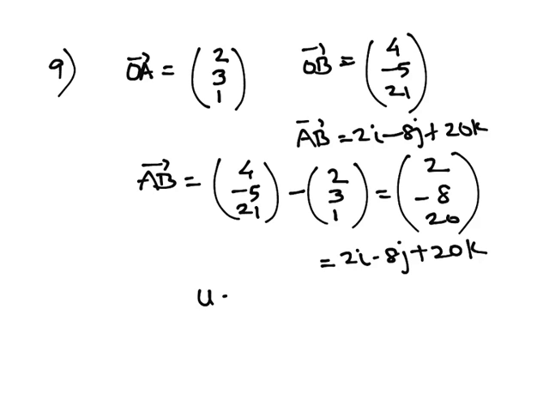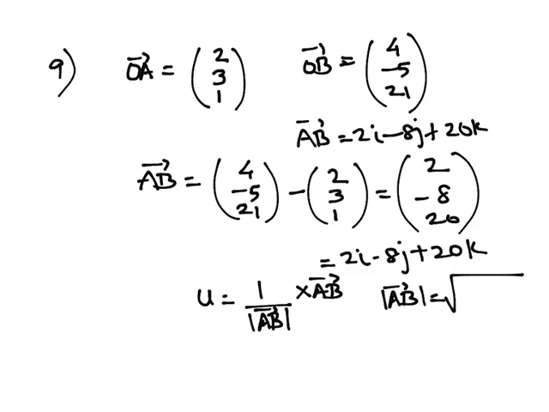Find the unit vector u in the direction of AB. So u is nothing but 1 by magnitude of AB, a unit vector in the direction of AB, into AB, right? So let me find the magnitude of AB. So the magnitude of AB is the square root of, you square the components, add them, and then take the root of that sum. So 4 plus 64 plus 400.